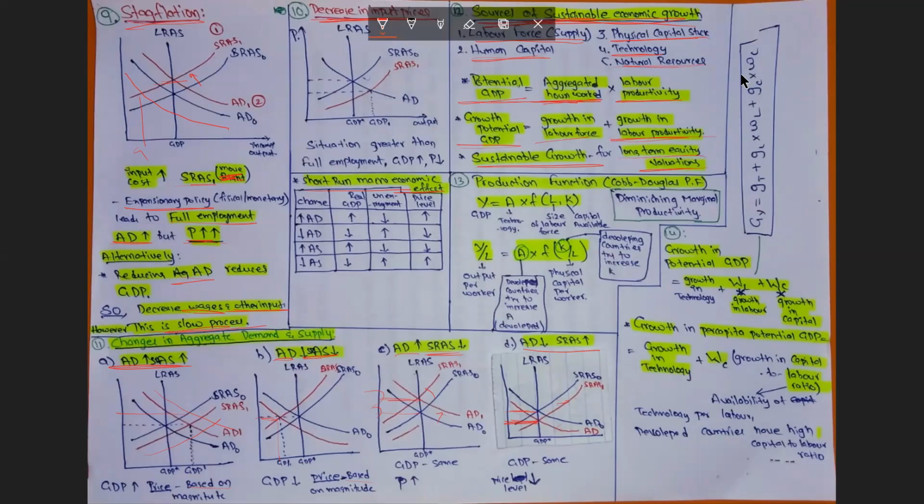The production function described by Cobb-Douglas is a relationship where output is related to technology, the size of the labor force, and the capital available in the nation. It is also described as output per worker, that is Y by L, equal to technology times a factor of physical capital per worker.